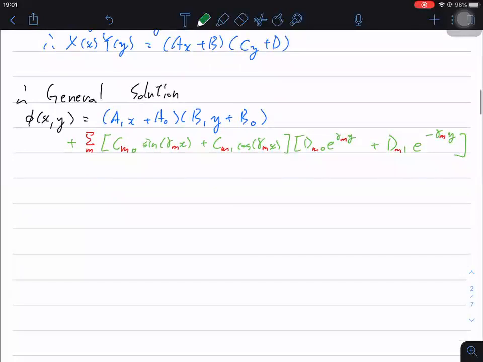And the same goes for the negative value of alpha. So for x it is exponential, and for y it is sine and cosine.